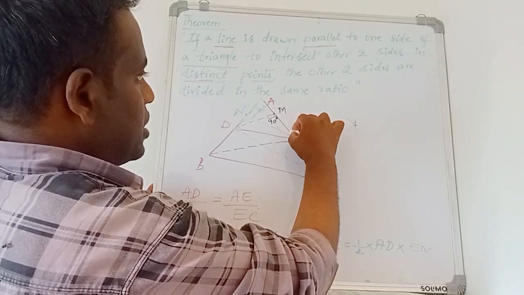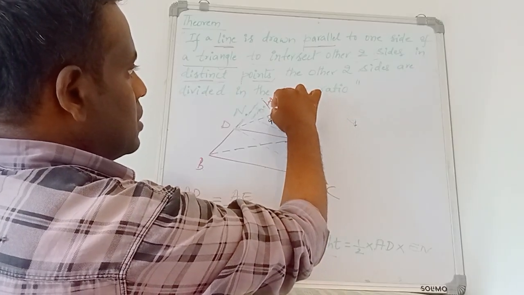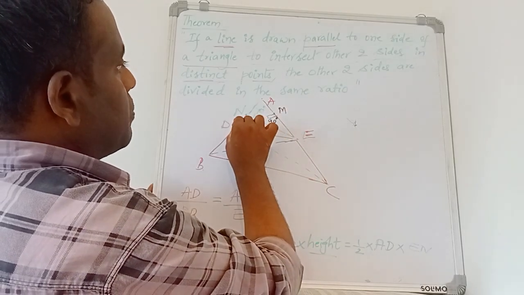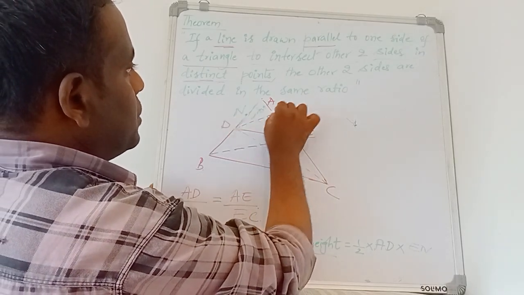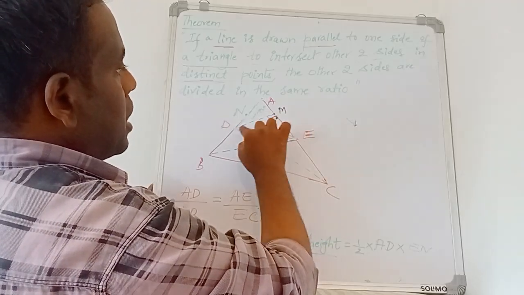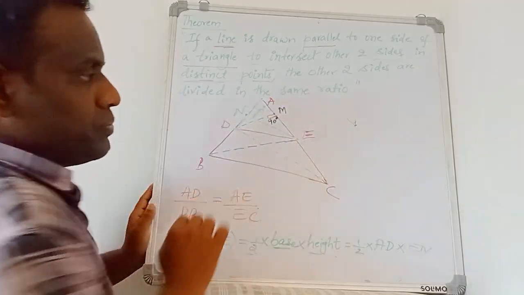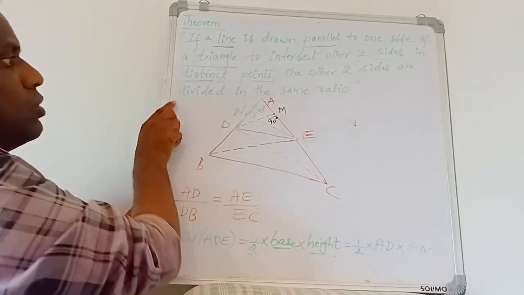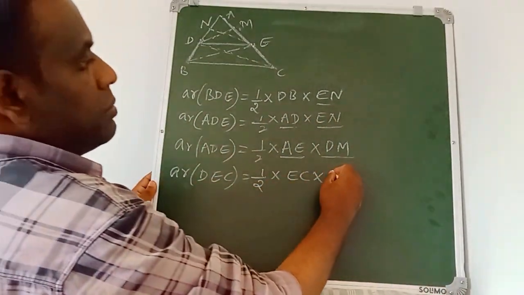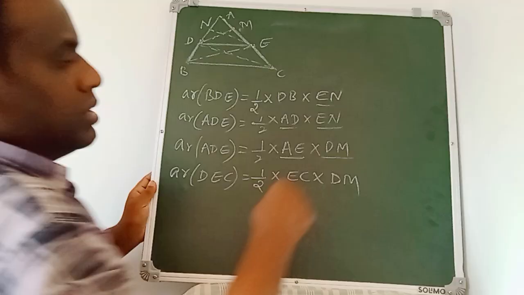When we extend this side like this and draw a perpendicular line from D to here, DM will be the perpendicular line and this DM will become the height. You got it? So now for triangle DEC, height I am taking as DM.